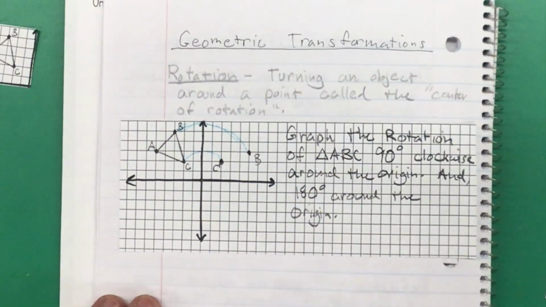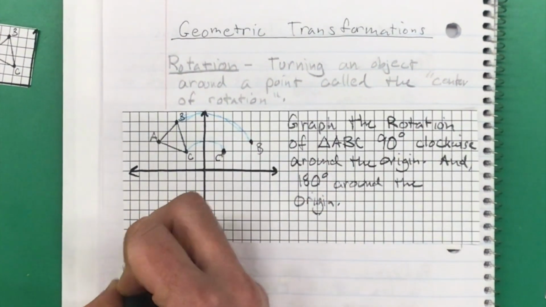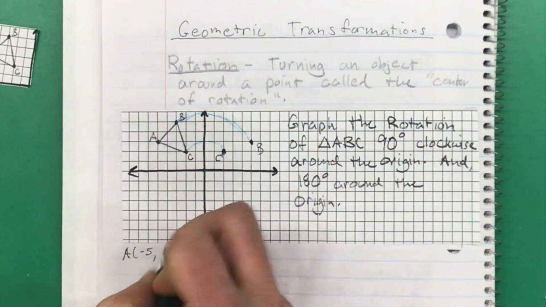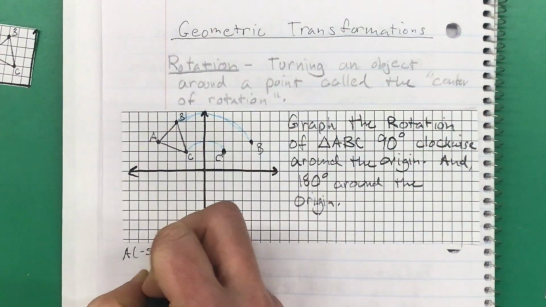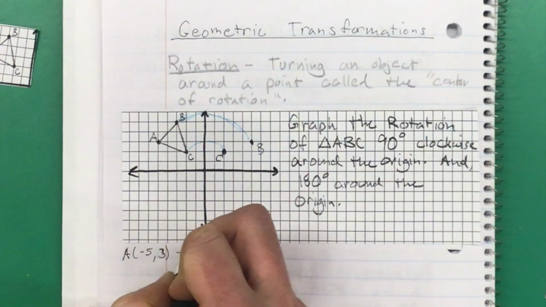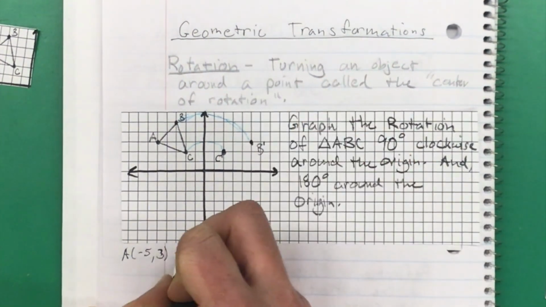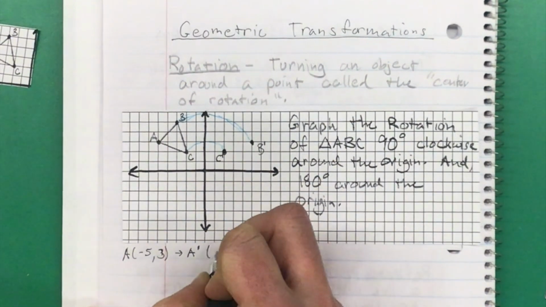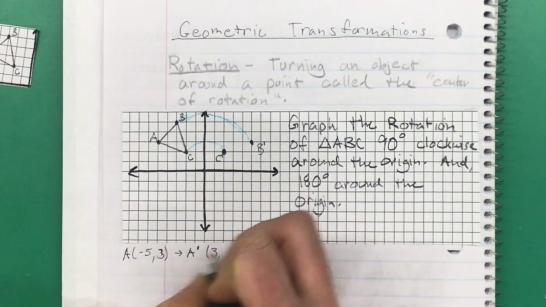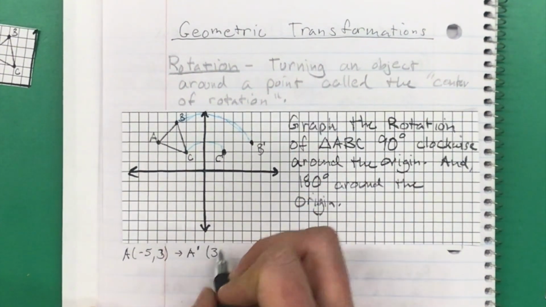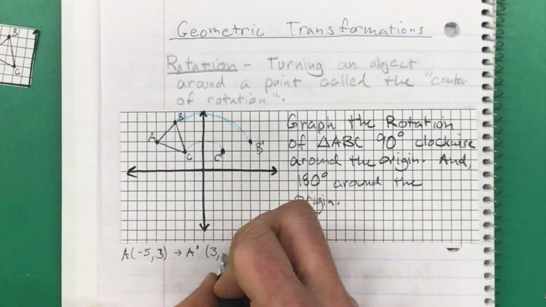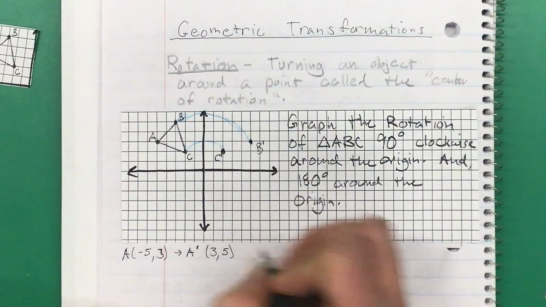So here we can see, let's just talk about A. It went from -5, +3, and the new A with an apostrophe is going to be +3, so the y became the x, and then the x value changes signs and it becomes positive 5.